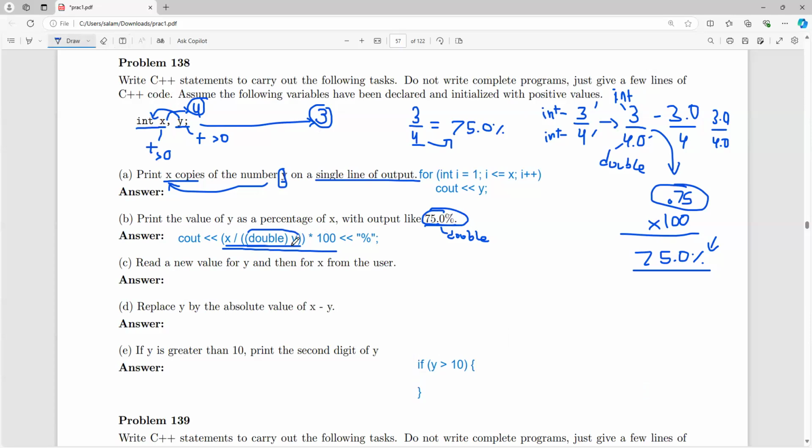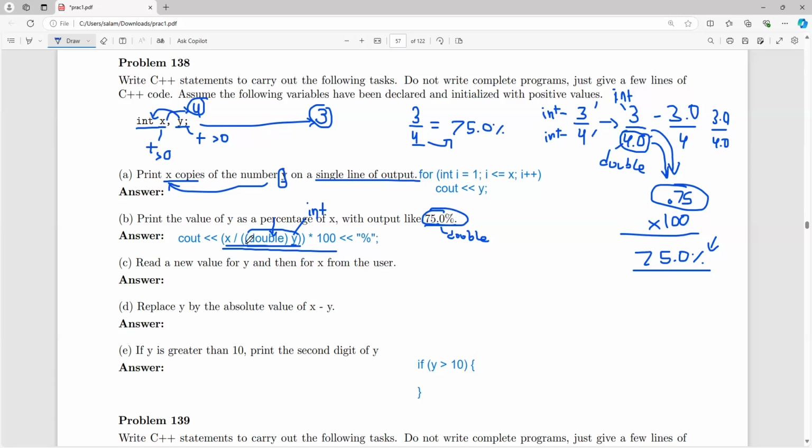For any variable you want to convert, you put whatever type you want to convert it to over here. For example, y is an int, but we want to turn it into a double right here, so that we'll get a double as an answer, right?